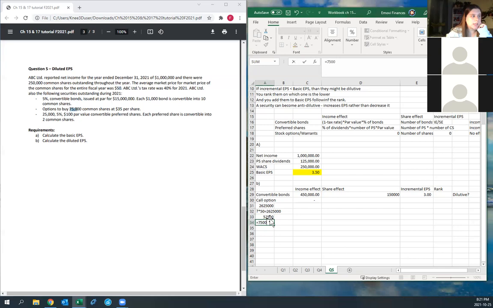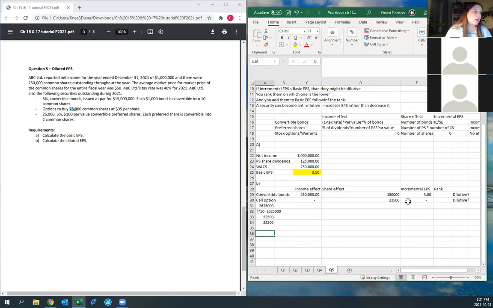So it's 75,000 minus the 52,500 that we just found. So you were able to buy 22,500 more shares. So that's what I'm going to put here in the share effect. And the incremental EPS is going to be 0. So this is probably dilutive, most likely dilutive.